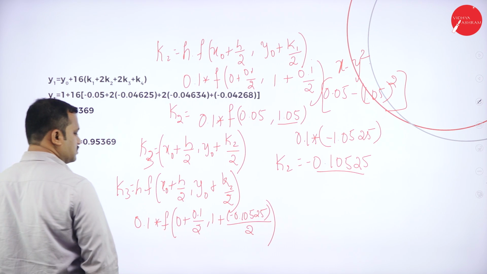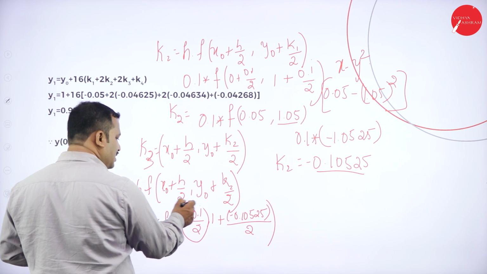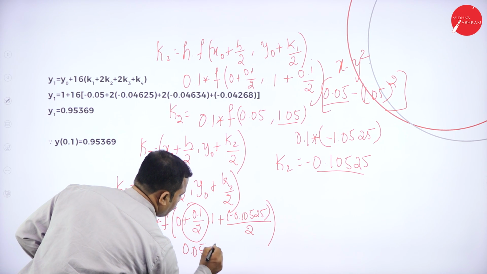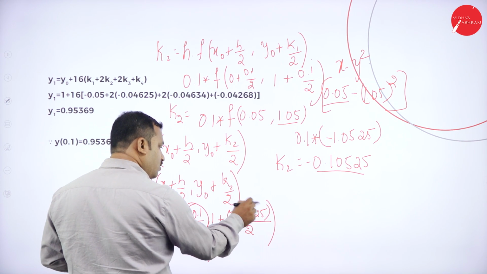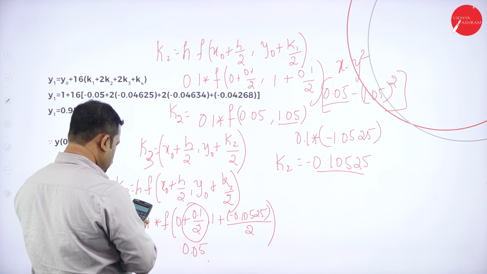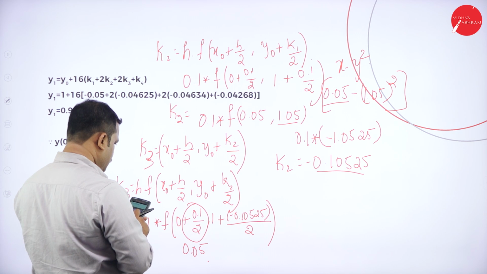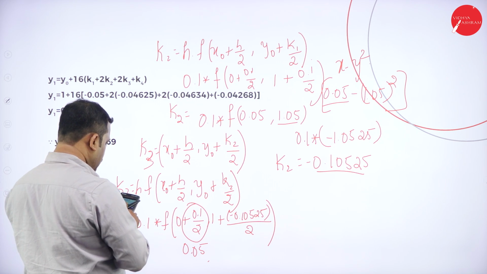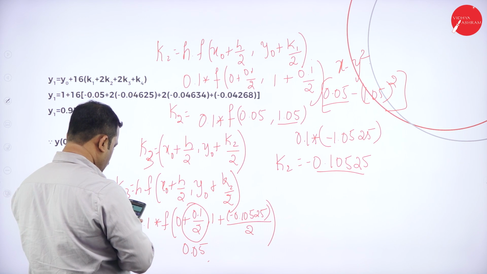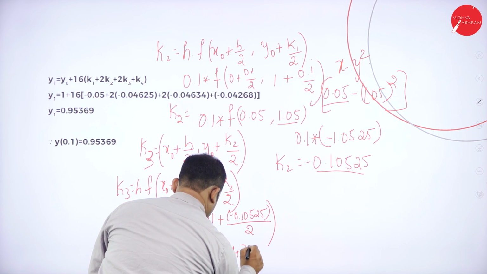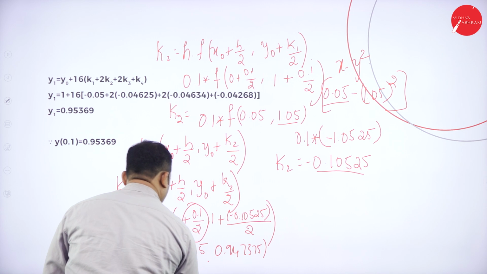If I solve this, I'll get 0.05, comma, and minus 0.10525 divided by 2 plus 1. What is the value I'm getting? That is 0.947375. That is the value of this.